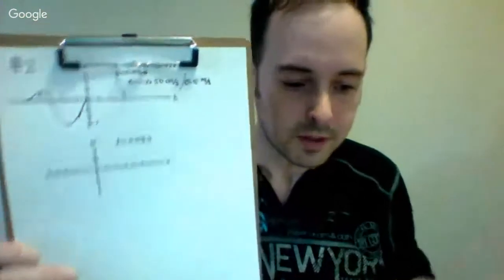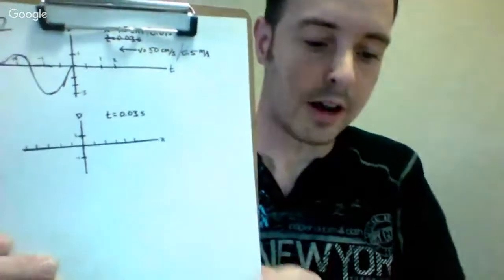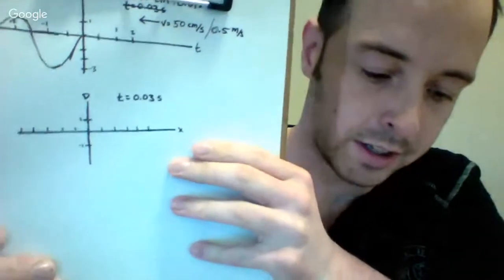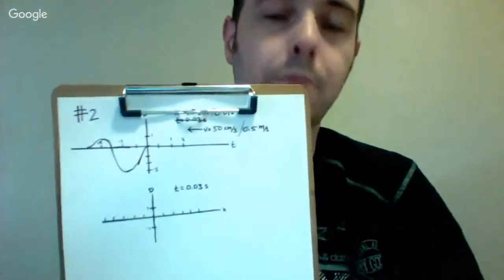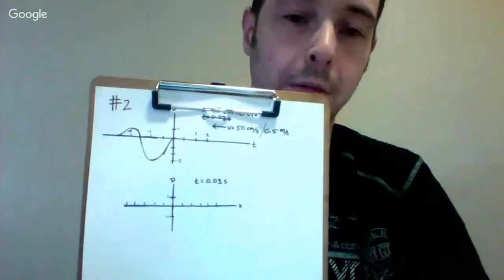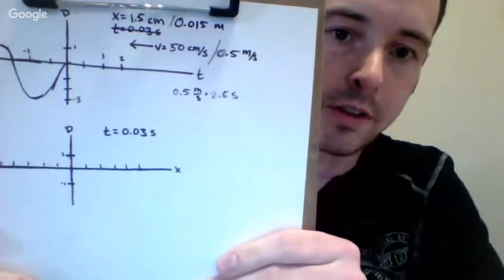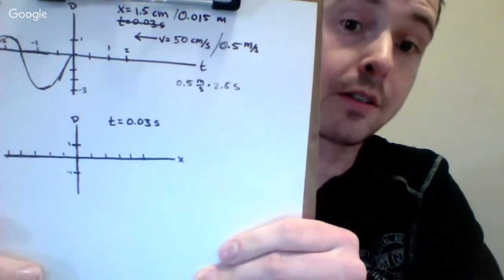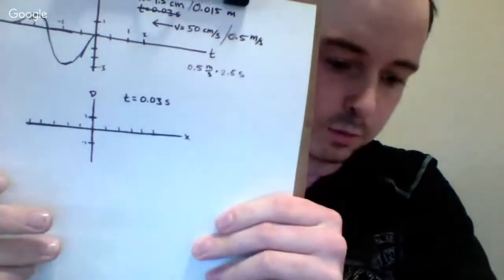So that's helpful. If it's traveling 0.5 meters per second, then that means it has traveled 1.25 meters since hitting me. I got that by going 0.5 meters per second times the width of it, 2.5 seconds. 0.5 meters per second times 2.5 seconds is 1.25 meters.